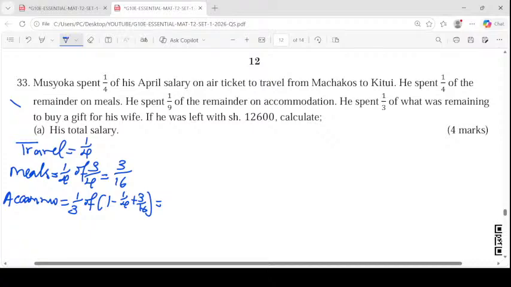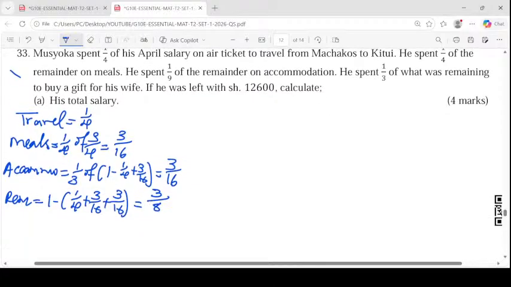This becomes 3 over 16. This person spent 3 over 16 on accommodation. He spent a third of the remainder to buy a gift. So to get the remainder first here, I'll now have 1 minus a quarter plus 3 over 16 plus 3 over 16. Exactly this gives, when you take 3 over 16 plus 3 over 16 plus a quarter, then 1 minus that, you get 3 over 8. 3 over 8 is the remainder.